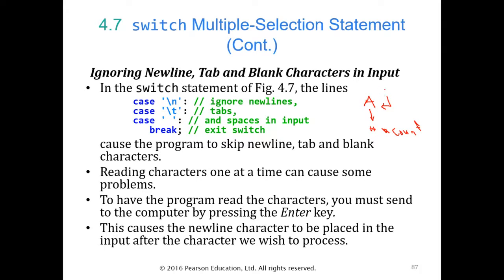Now, once you actually get to this part, now this part is the backslash n. Now you don't want the program to actually count this, so you just put a special case for this, and you just tell it, okay, just ignore this and repeat again.